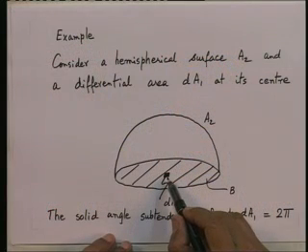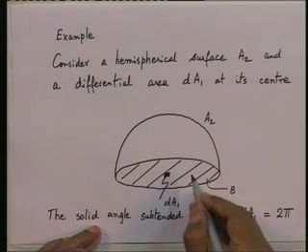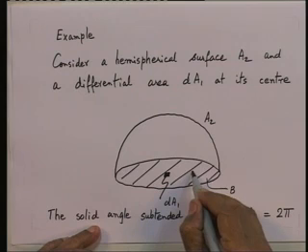Now, let me change the example a little. Suppose the area dA1 or the point dA1, instead of being located at the center, is located somewhere else on this plane surface B. Let us say this is dA1.